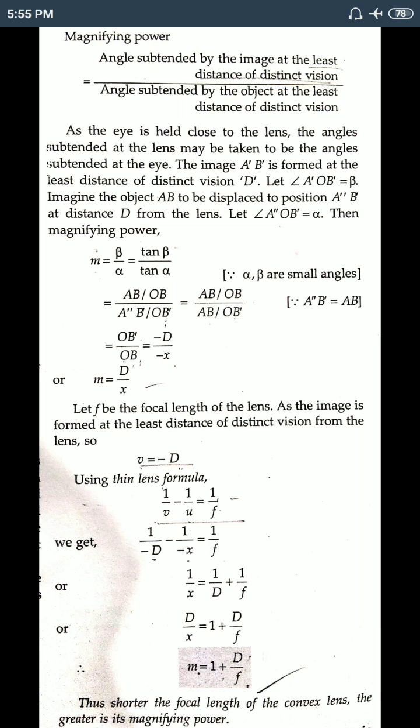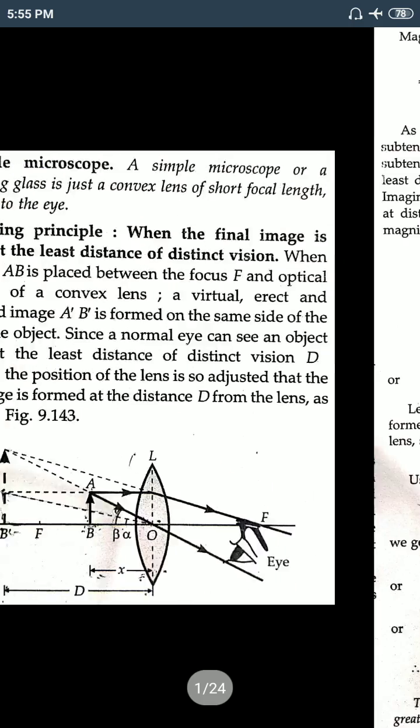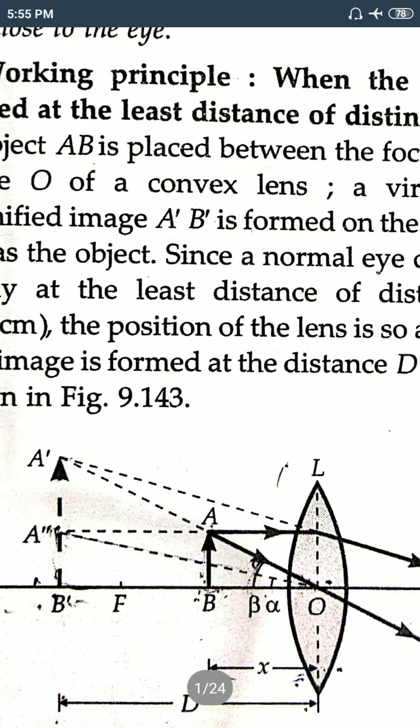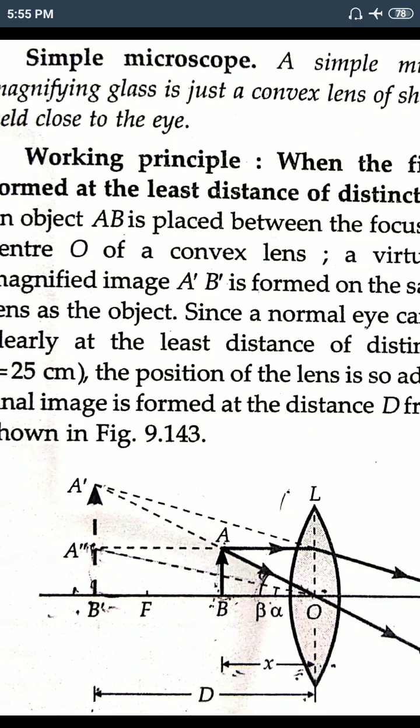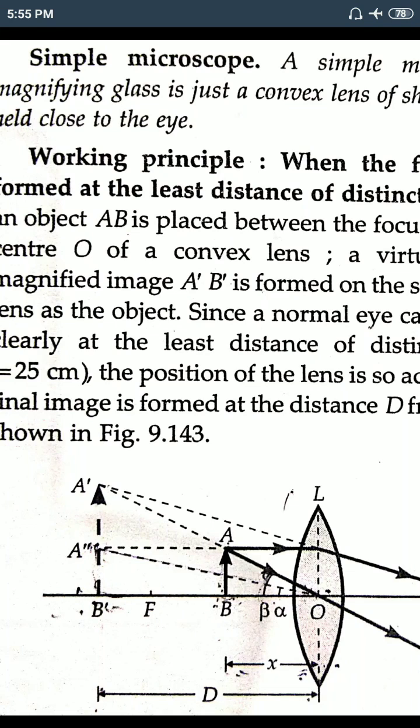The image A dash B dash is formed at the least distance of distinct vision, that is D. So the angle A dash O B dash is equal to beta. I will enlarge the diagram.